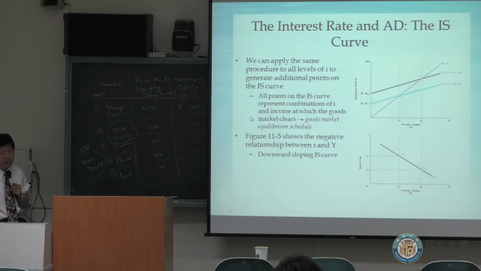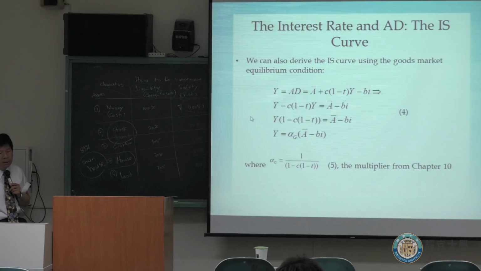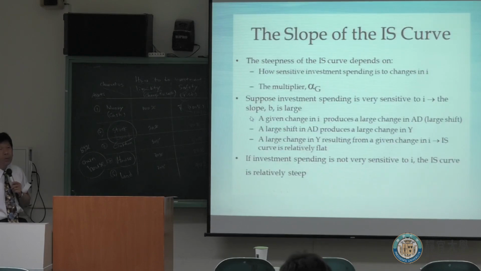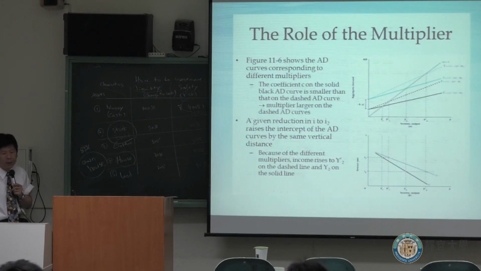And the other way, we can also calculate the slope of the IS curve. When you go back, you can also go to e-learning and open this PPT to find all the details. And after that, we can also see about the period.